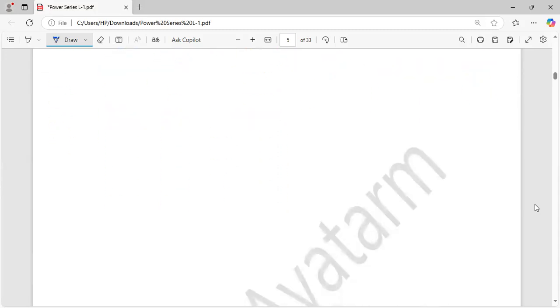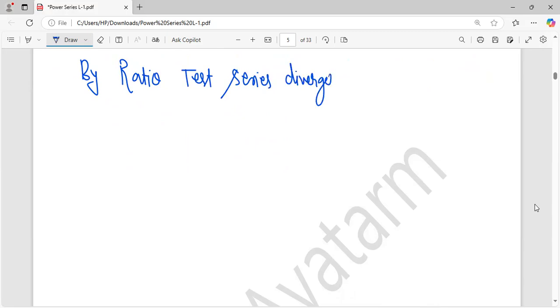Again by ratio test, the series diverges if the limit as n tends to infinity of un plus 1 upon un is greater than 1.